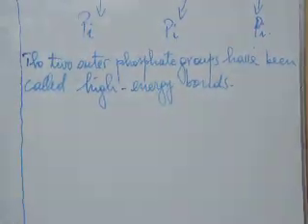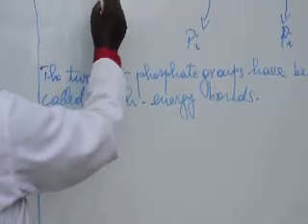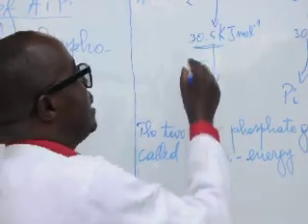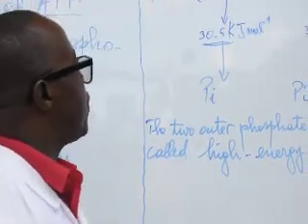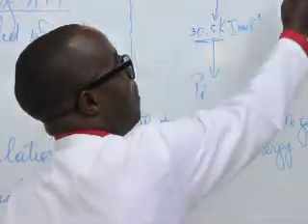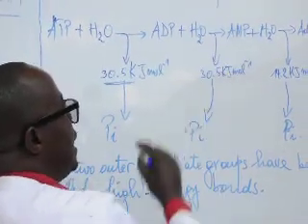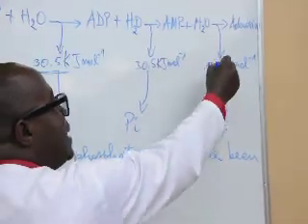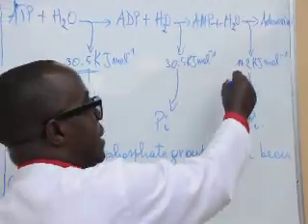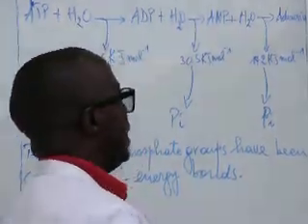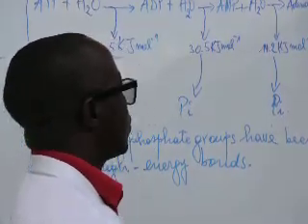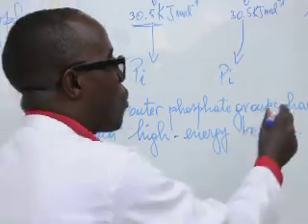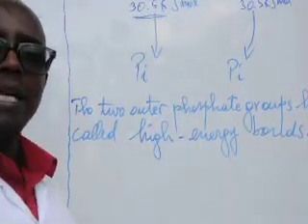They are called high energy bonds because the break of the first bond releases 30.5 kilojoule per mole, but the last one releases only 14.2 kilojoule per mole.